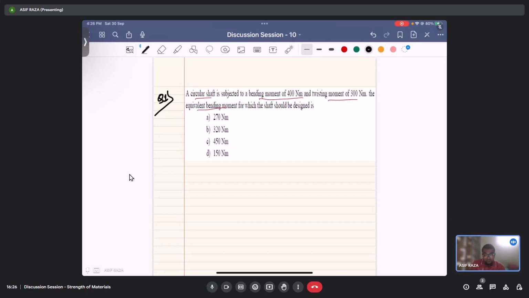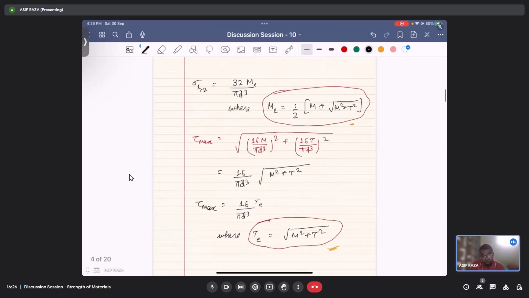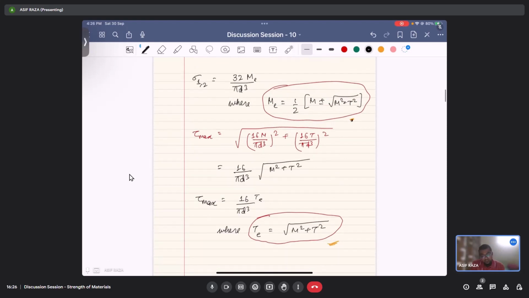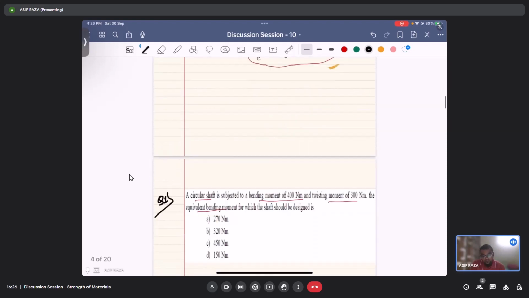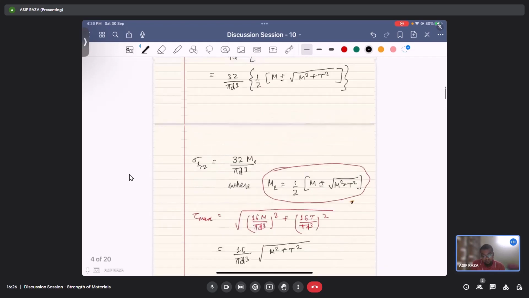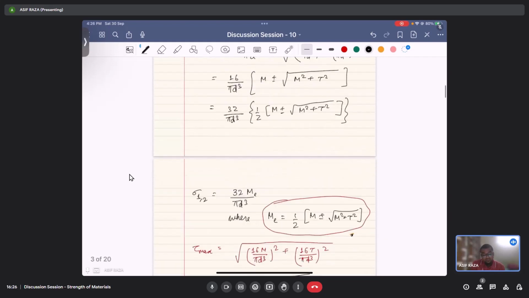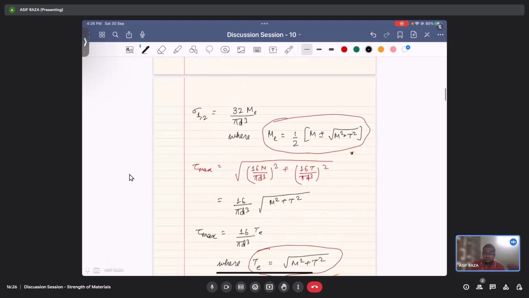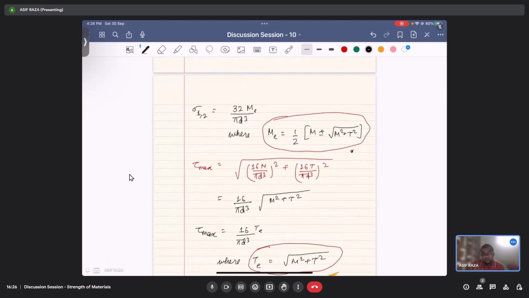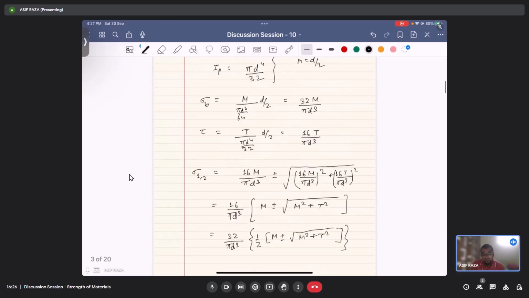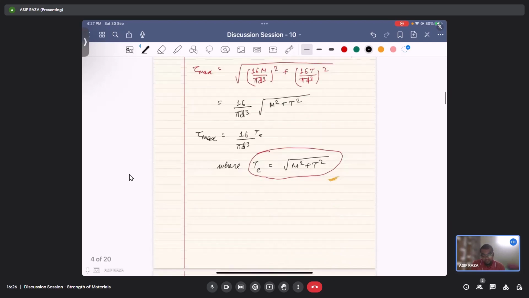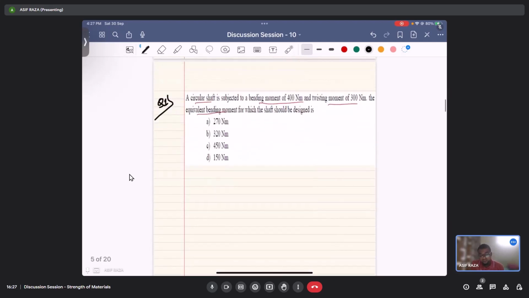We'll be using the formula we just discussed, keeping in mind that this is a circular shaft. If a different geometry is involved, we'll have to work around this complete thing. Okay, so let's do this.